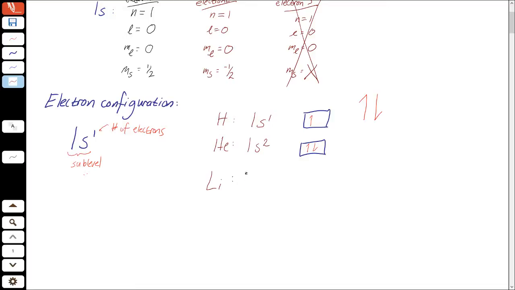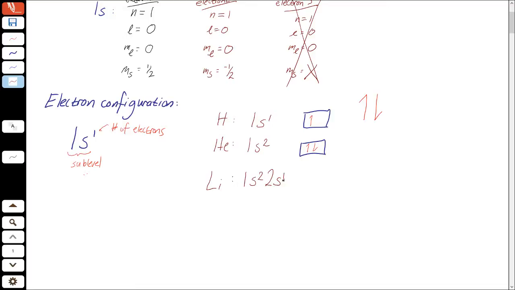So we're going to bump this one up to the next quantum level and say that that third electron is going to go in the 2s. So it's now going to have 1s2, 2s1.